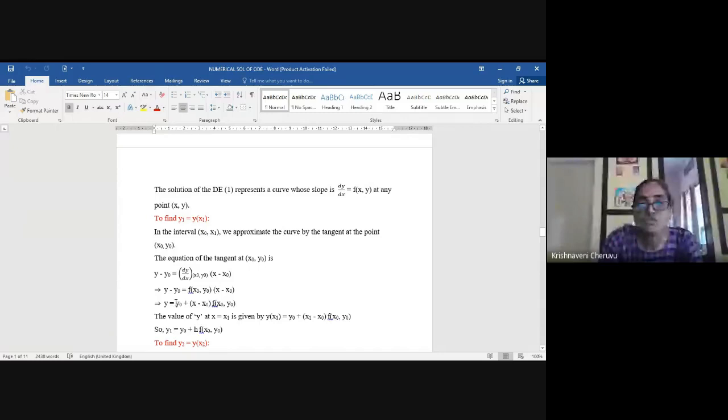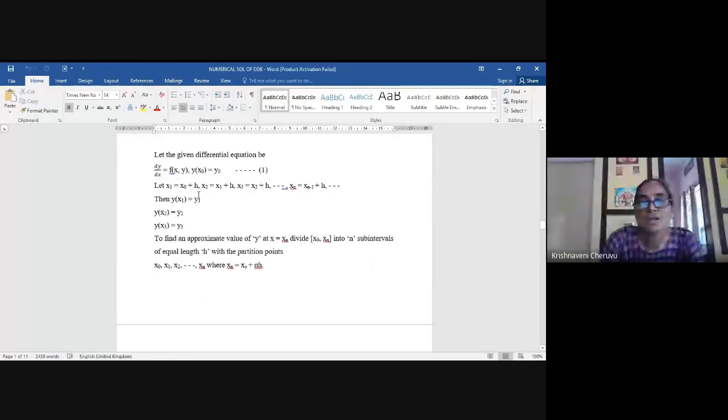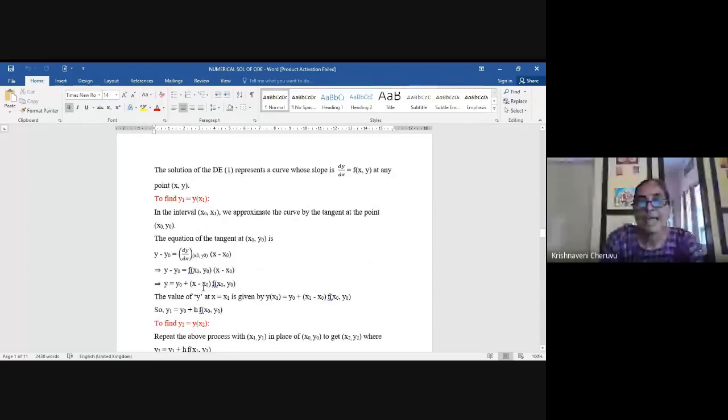So your aim is to find y. You bring y0 to the other side: y is equal to y0 plus x minus x0 into f of x0 comma y0. But here if you remember, x minus x0 is h, girls. Afterwards you'll take x1 minus x0 is h, x2 minus x1 is h, like that you have to go on. Now this is y is equal to y0 plus x minus x0 into f of x0 y0.